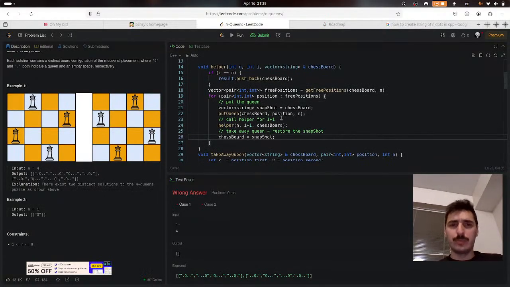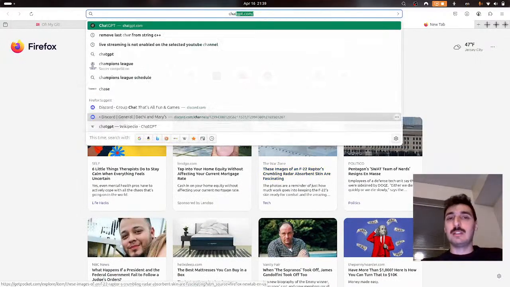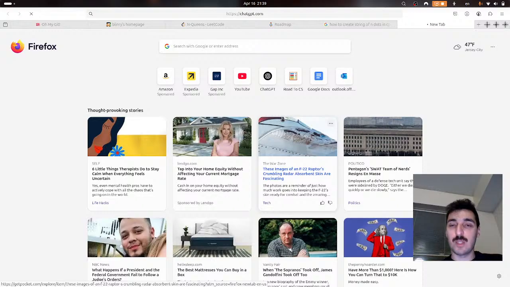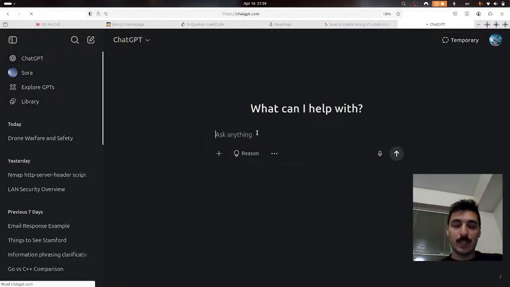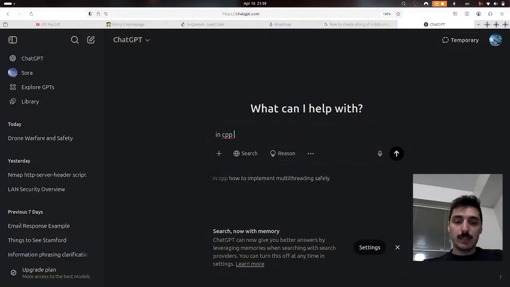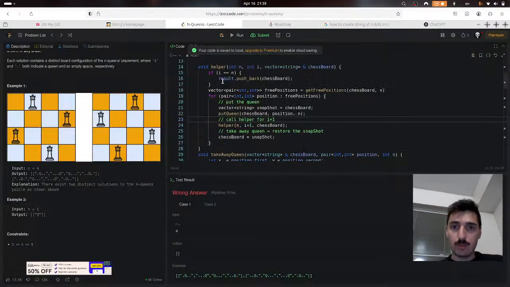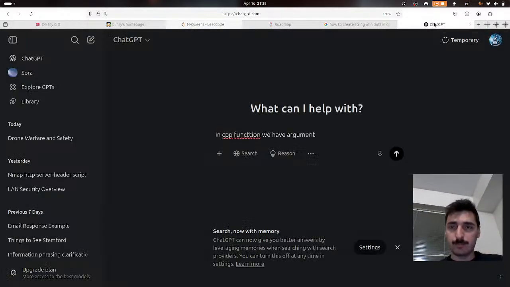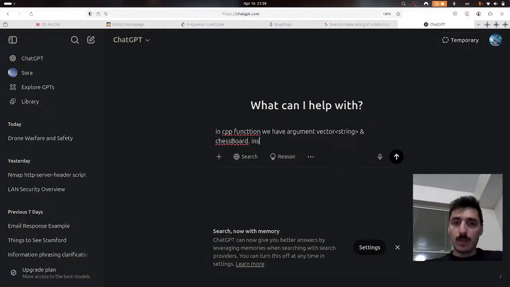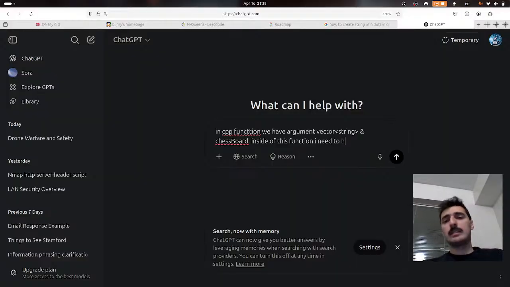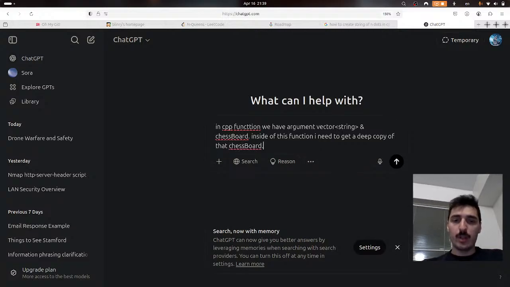Oof. I need to ask ChatGPT. Sorry, everyone. Sorry, me, but I need to ask ChatGPT. In a C++ function, we have this argument. Inside of this function, I need to get a deep copy of that chessboard in a different variable.